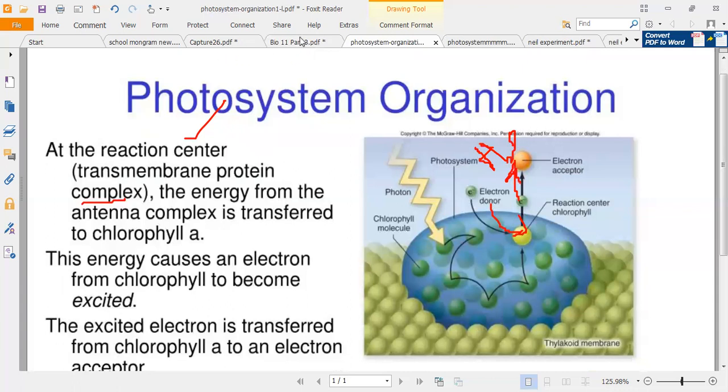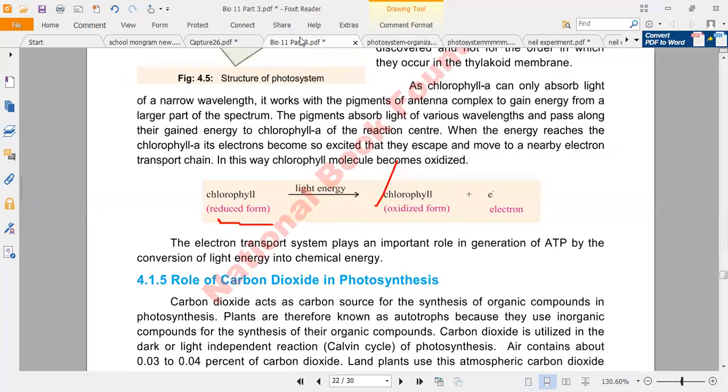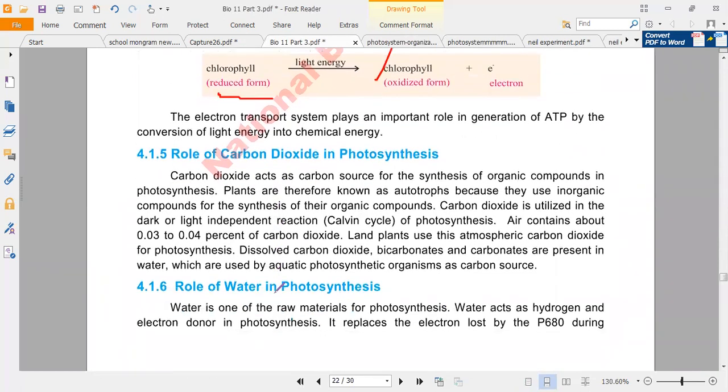So let's talk about the role of water in photosynthesis. Before that, we are going to discuss the role of carbon dioxide. We know that this is the carbon source for synthesis of organic compounds, that is carbohydrate.